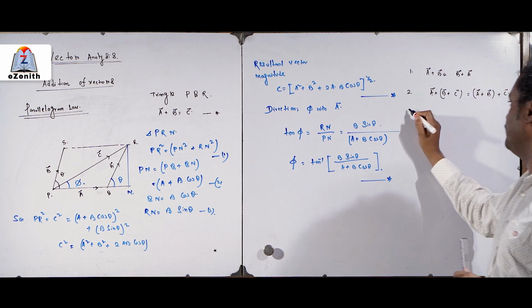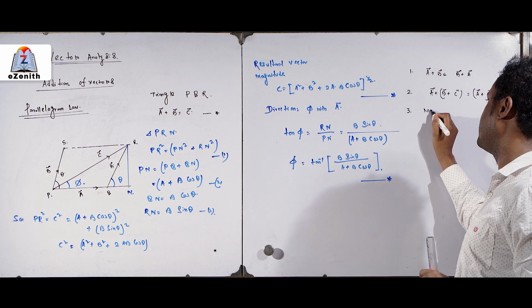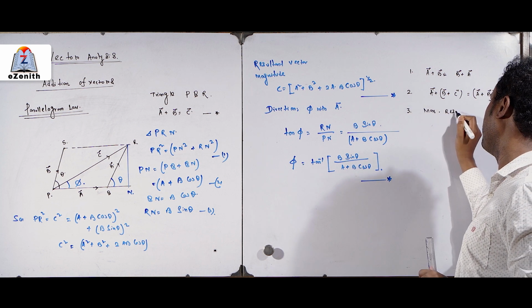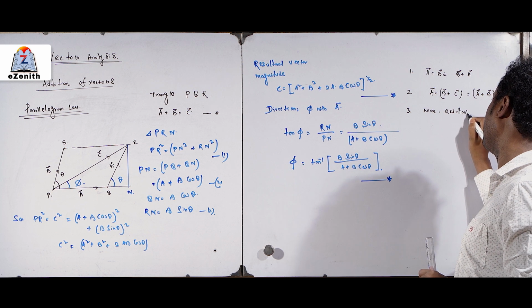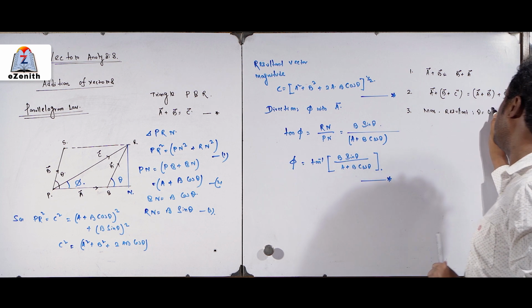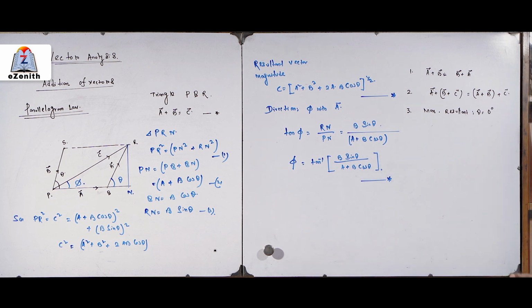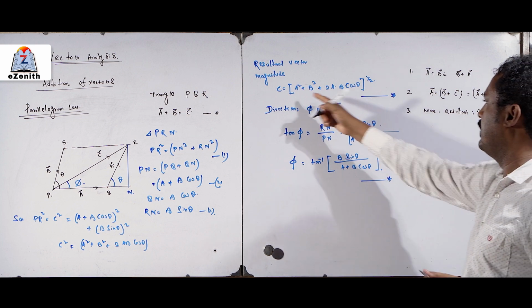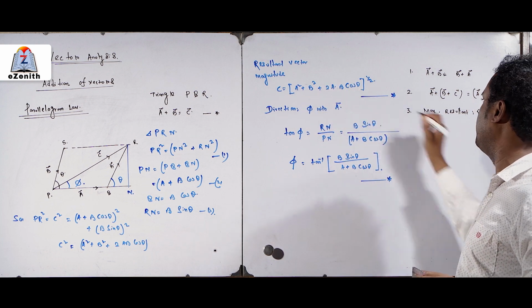And third, the maximum resultant is for theta equal to 0 degree, when the vectors are in the same direction, that is A square plus B square plus 2AB.